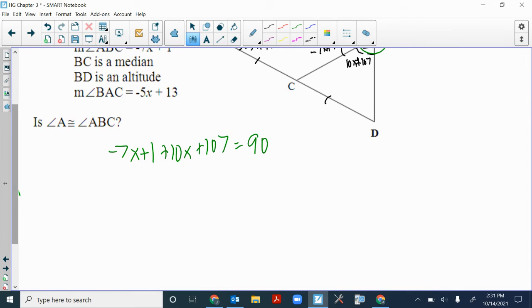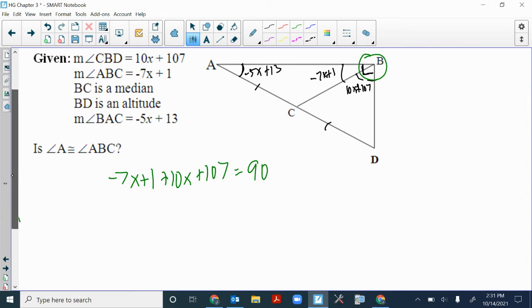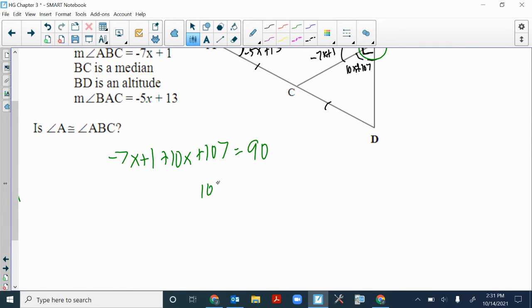Let me just make sure I wrote it down right. Yep. So we get 3x equals negative 18 after subtracting 107 from both sides, and dividing we get x equals negative 6.